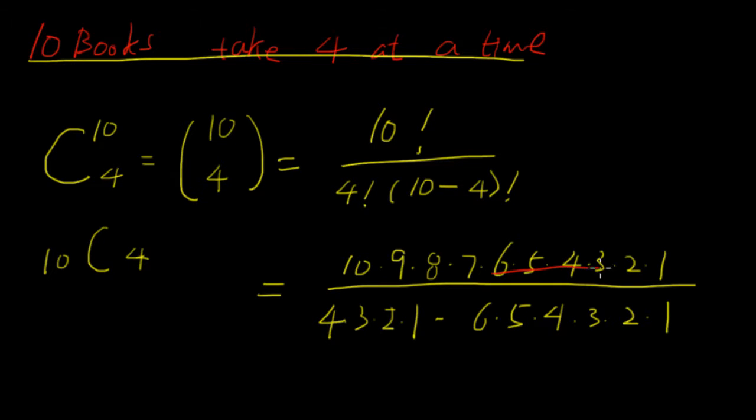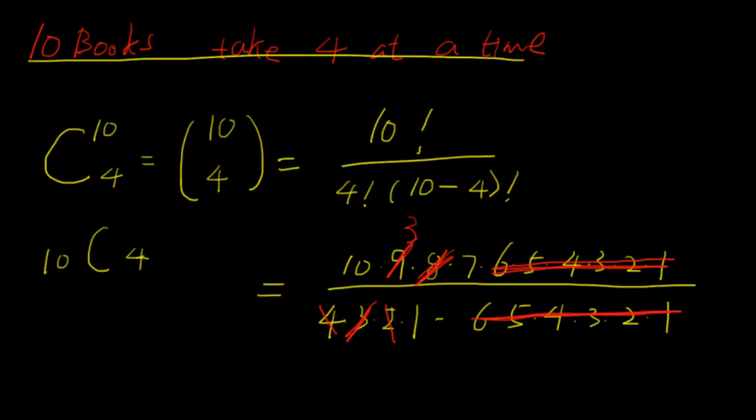This 6, 5, 4, 3, 2 will cancel out. And let's see, 4 and 2: 4 times 2 is 8, so they'll cancel out with this 8. And this 3 will cancel out with this 9. So that should be 3.